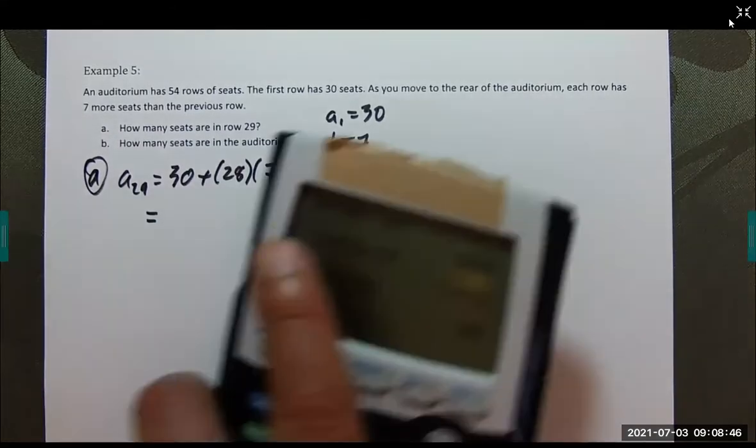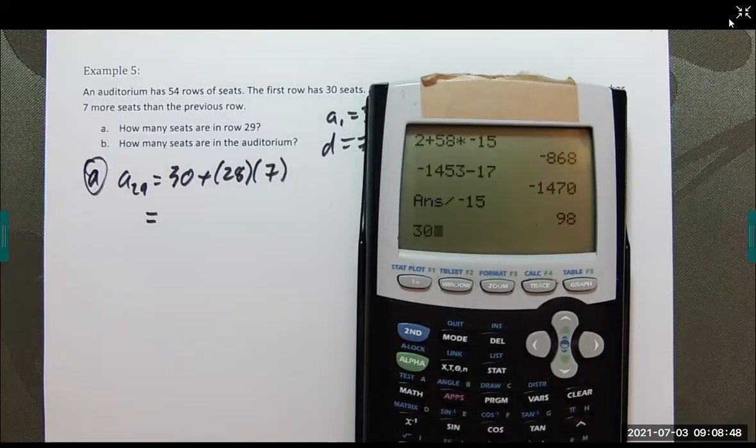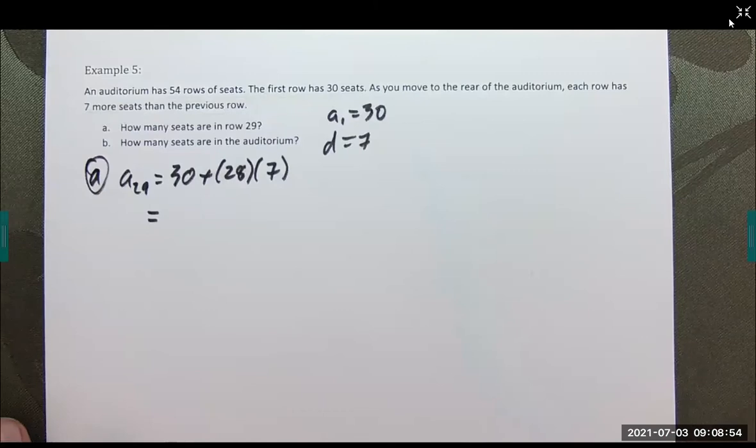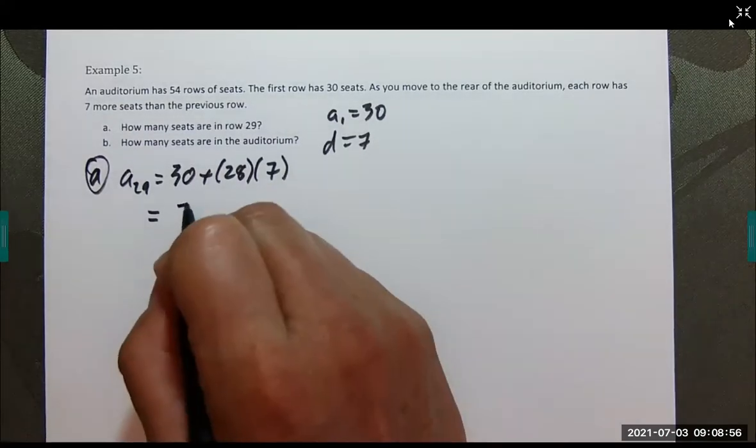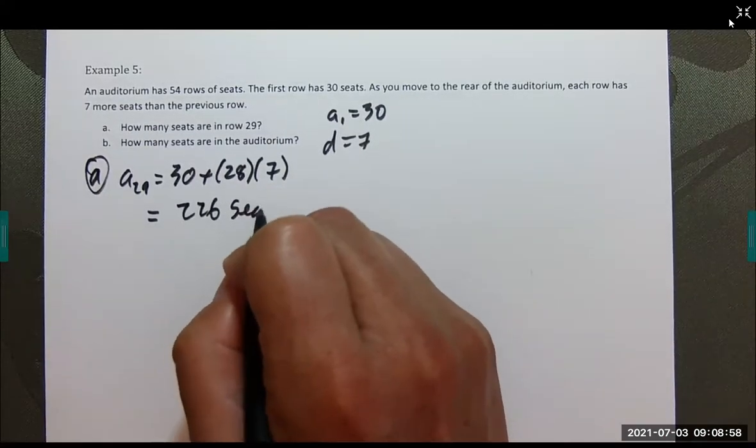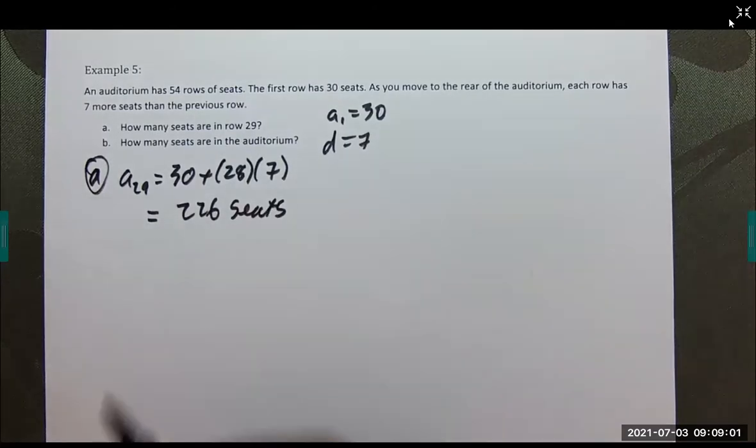So now I get 30 plus 28 times 7. So there are 226 seats in row 29.